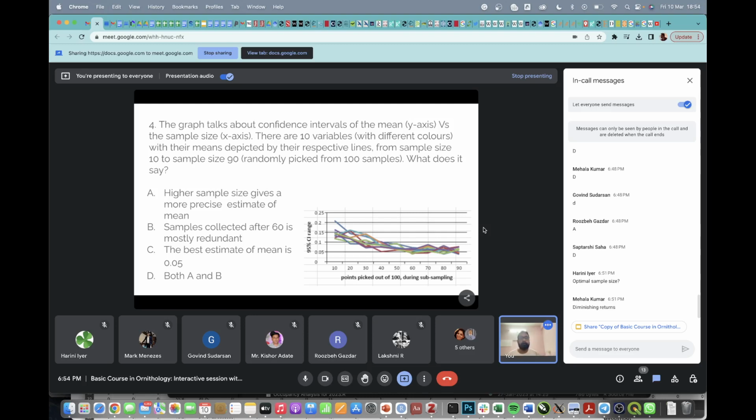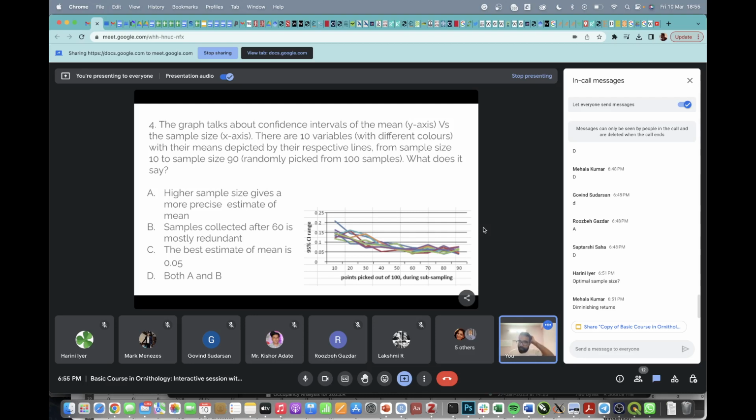But based on the variability, you can increase or decrease your sample size so that you reach a point where any more increase in the sample size is not going to better your confidence interval. I hope you got it.